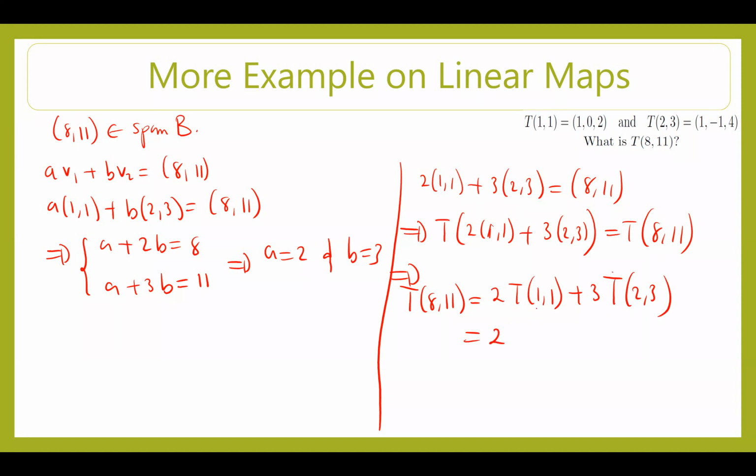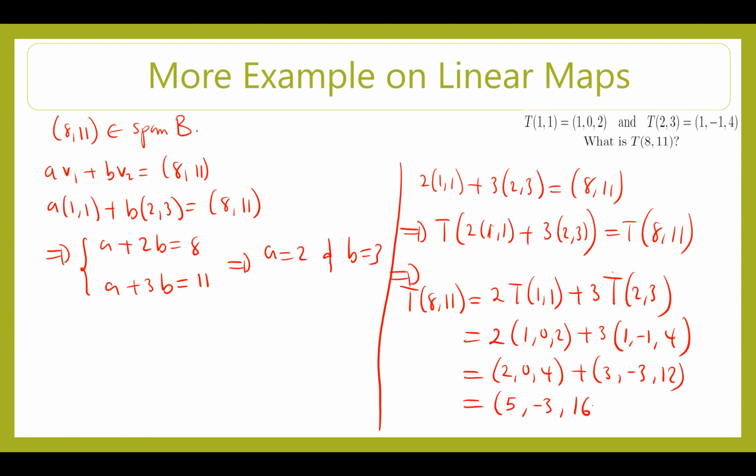We have been given that T(1, 1) is (1, 0, 2) and T(2, 3) is (1, -1, 4). So you can multiply through and have (2, 0, 4) plus (3, -3, 12). If you combine everything together, you get (5, -3, 16). So T of (8, 11) is (5, -3, 16).